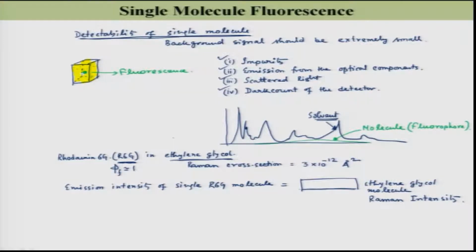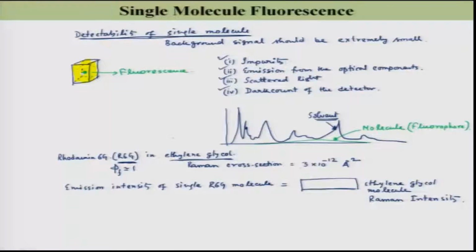I said that the absorption cross section of rhodamine 6G is the same as the molecular cross section of rhodamine 6G, but the Raman cross section of ethylene glycol is really small, right. It means that if I know the absorption or molecular cross section of rhodamine 6G, then I will get an idea of how many such incoming photons are actually going to create my Raman intensity, right.